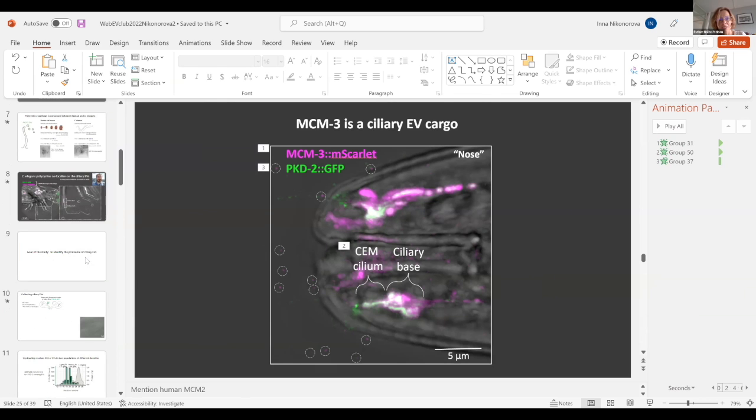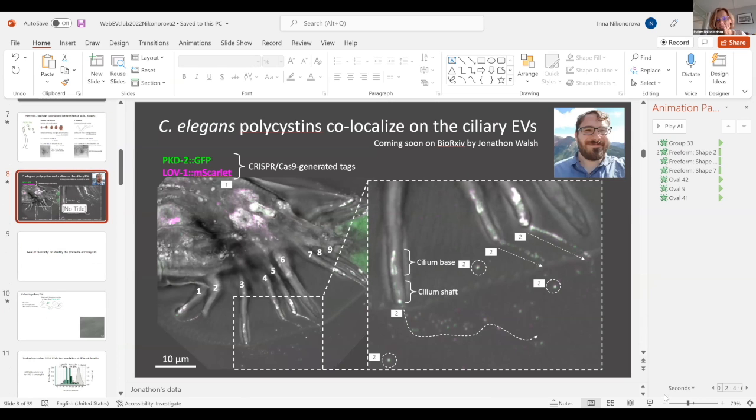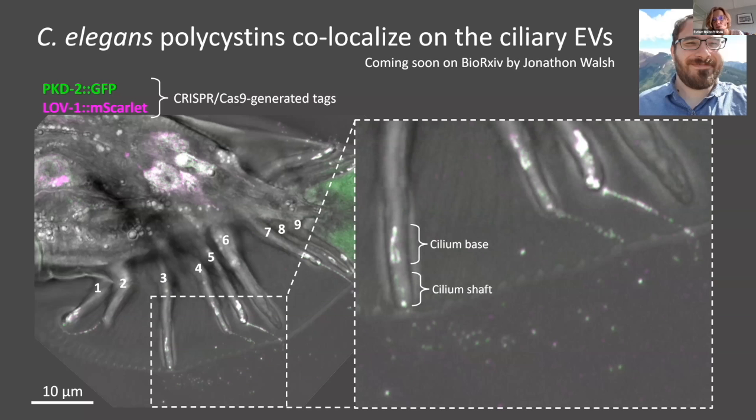Do you know whether they are on different subsets, although you have not shown all the co-localizations? How do these come out of the cilia, and why do we see these different patterns, do you think?